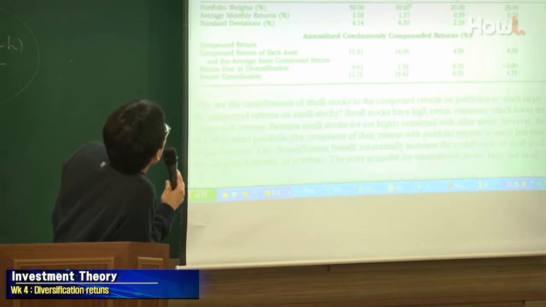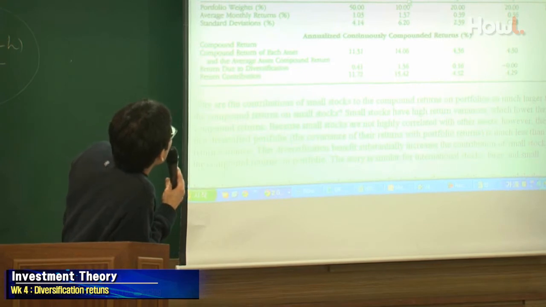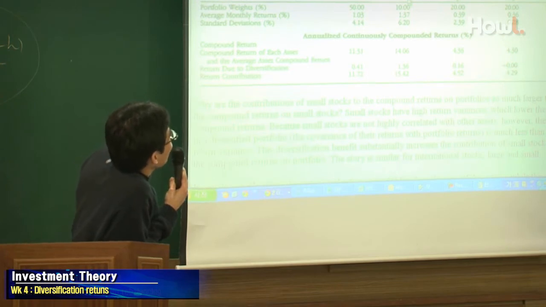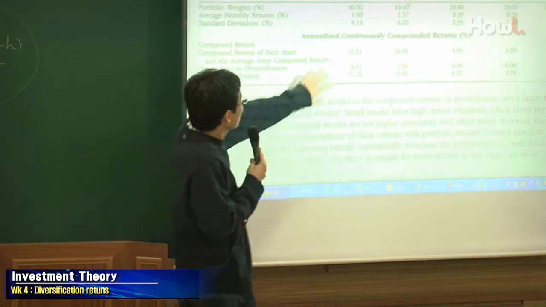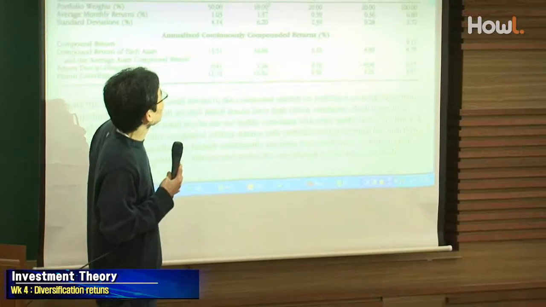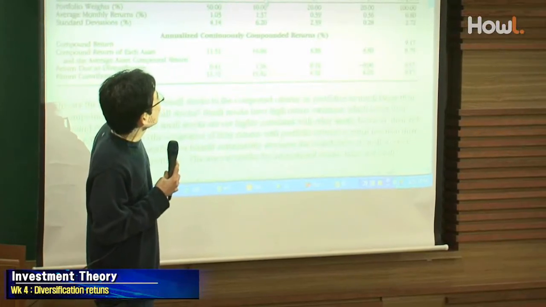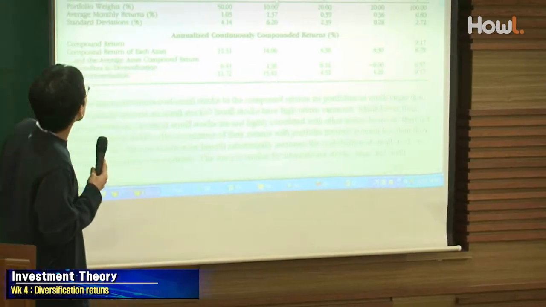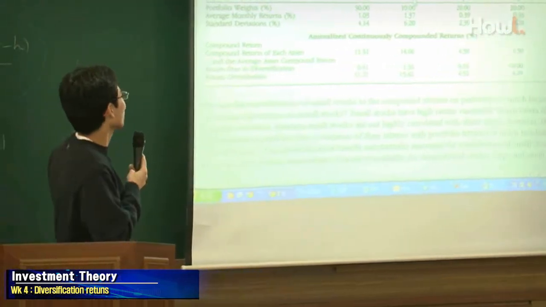And we know average monthly return is respectively 1.03%, 1.37%, 0.39%, and 0.36%. Multiplying the average weight of the portfolio by this rate and adding that up, we have approximately 0.8% portfolio average monthly return.